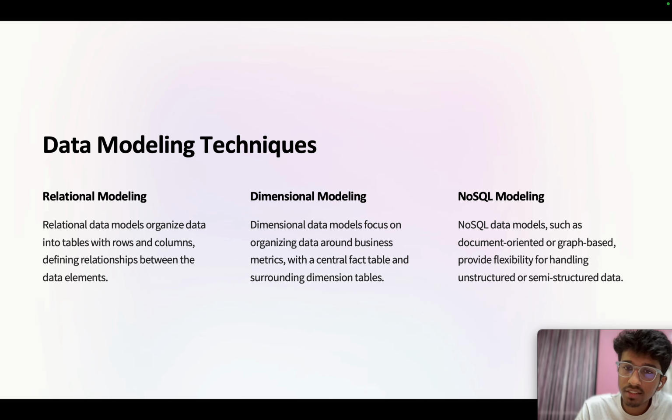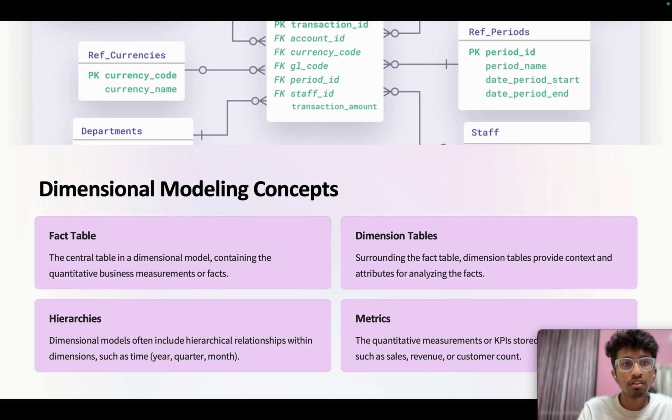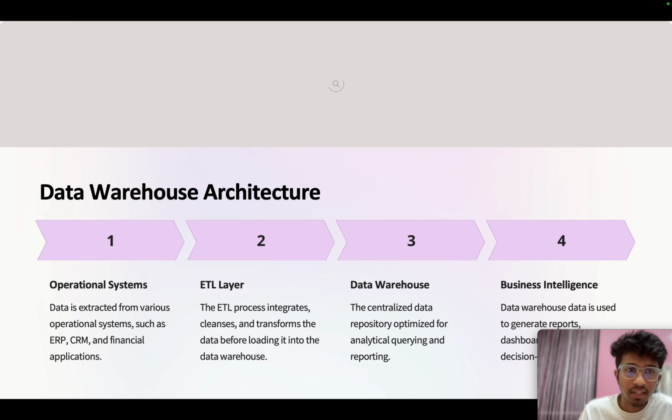NoSQL modeling, such as document oriented or graph based, provides flexibility for handling unstructured or structured data sources. These are just the basic understanding of dimensional modeling concepts, which contain the fact table, dimension tables, metrics, and hierarchies.